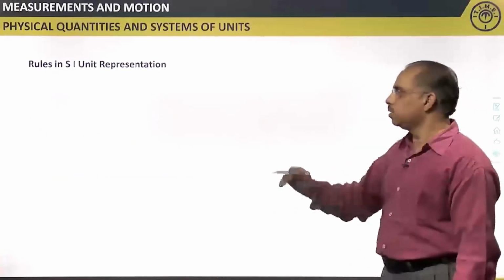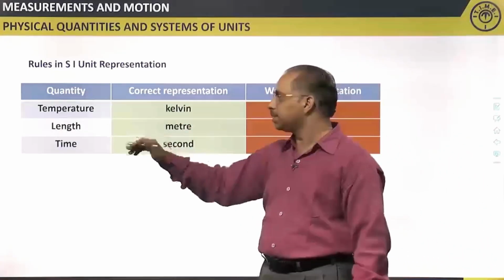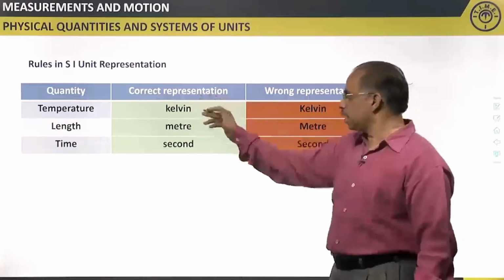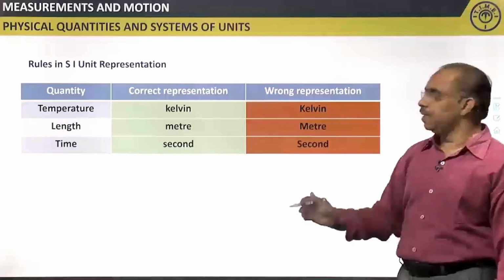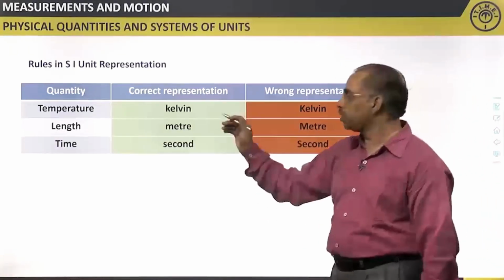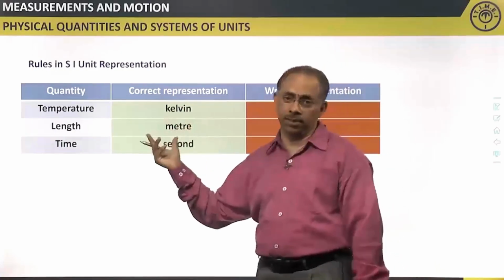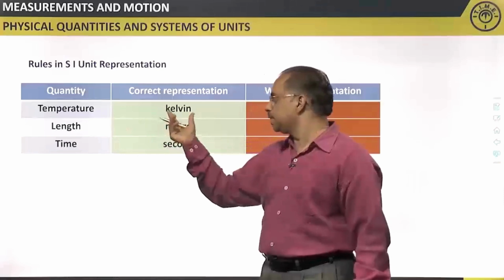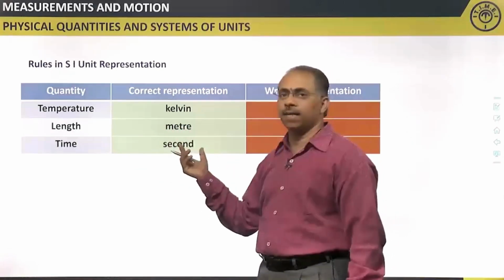Now I will show you some other things: temperature, length, time, with the correct representation and the wrong representation. In the earlier examples, we showed only the units of the physical quantities. Here, I am writing the name of the units. Temperature is written in kelvin, length in meter, time second.